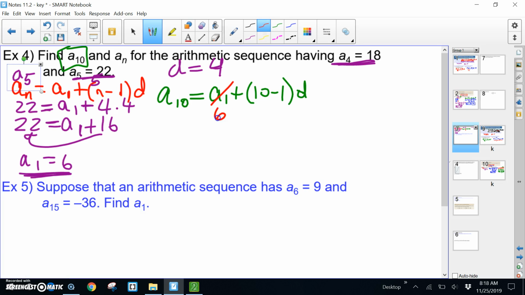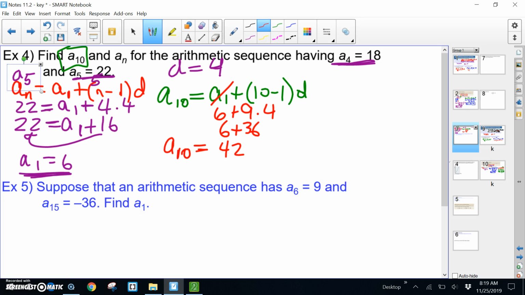A1 was 6 plus 9 times D was 4. That's 6 plus 36 is 42. So the 10th term is 42.